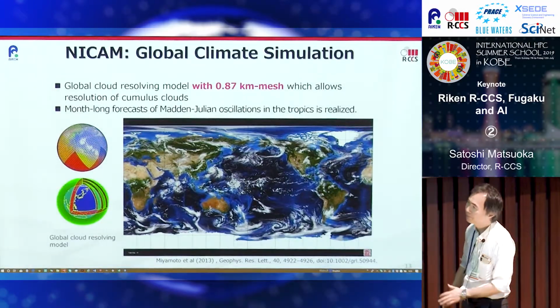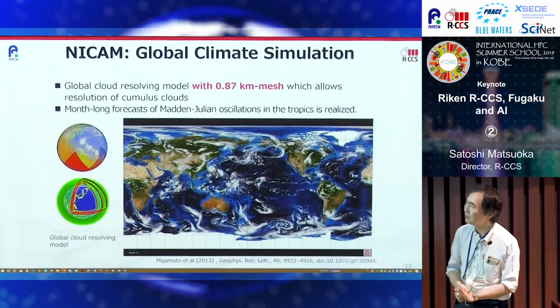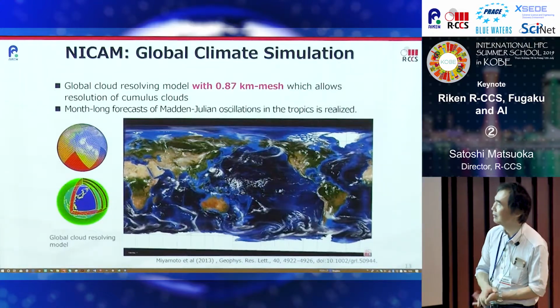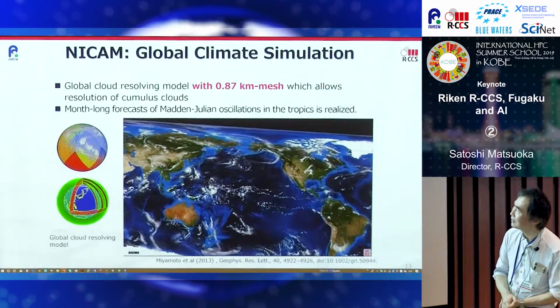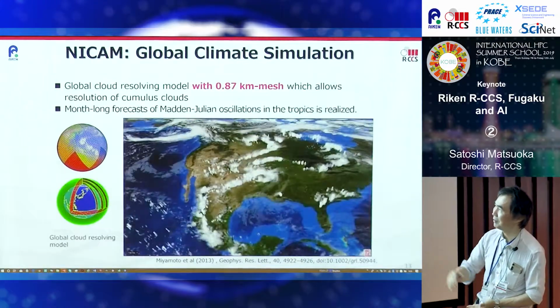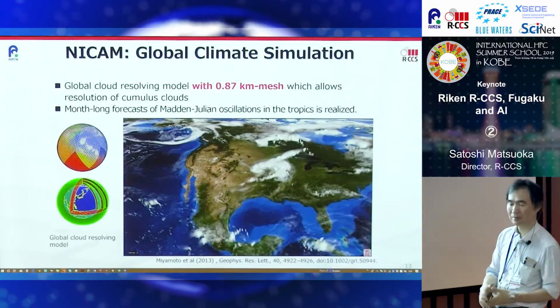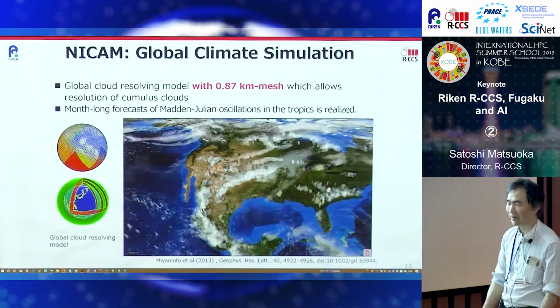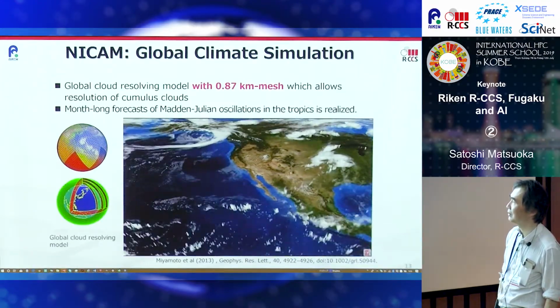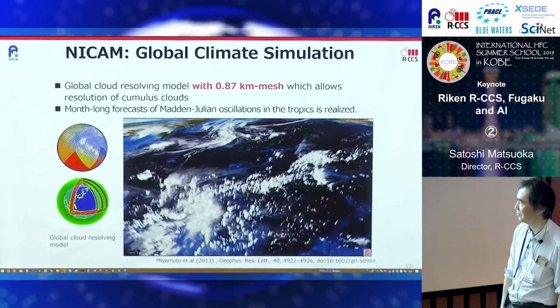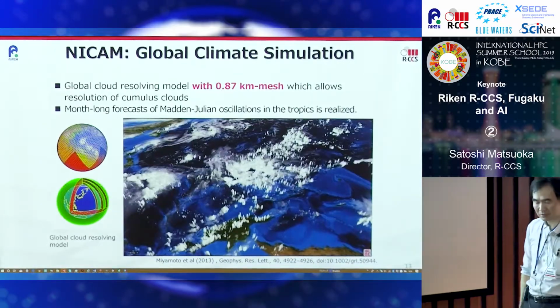Environment. So the K Computer was one of the first to do this whole Earth climate simulation at sub-kilometer resolution. And sub-kilometer simulation is very important because if you want a very accurate cloud model, you need to go down to sub-kilometer resolution.